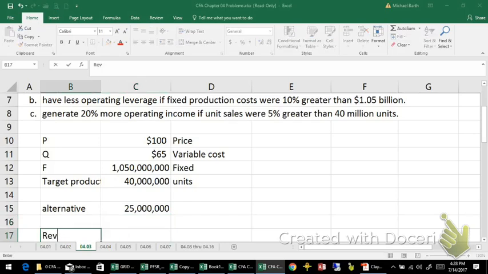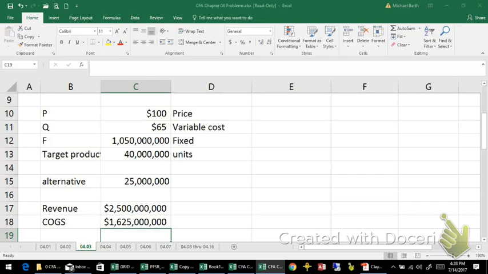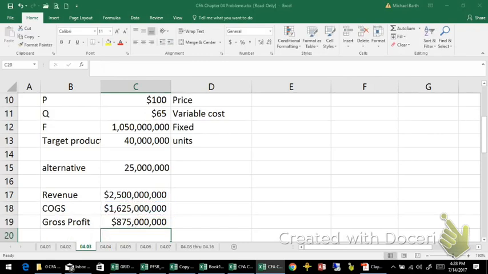Well, revenue would be 25 million units times $100 per unit, or $2.5 billion. The cost of goods sold would be $65 per unit times 25 million units. So that'd give me a gross profit of 875 million.